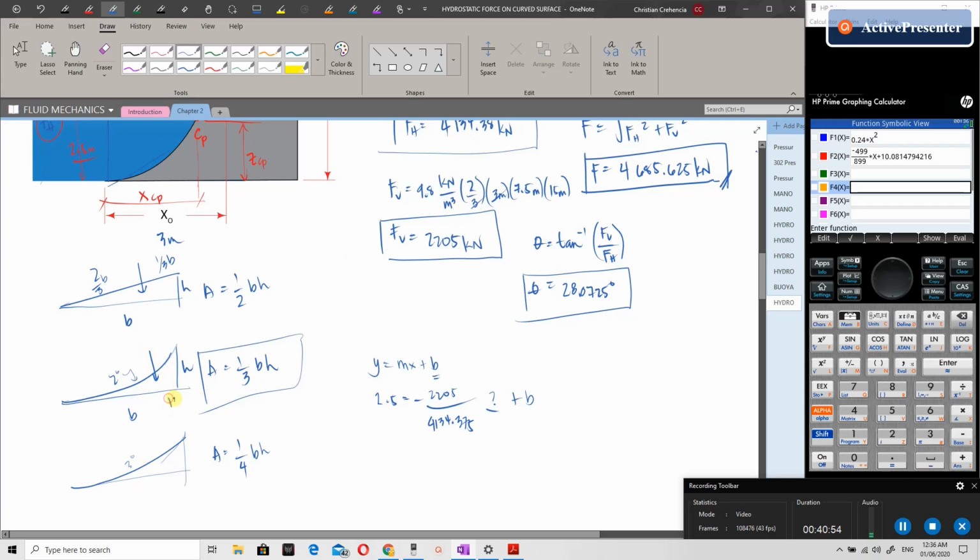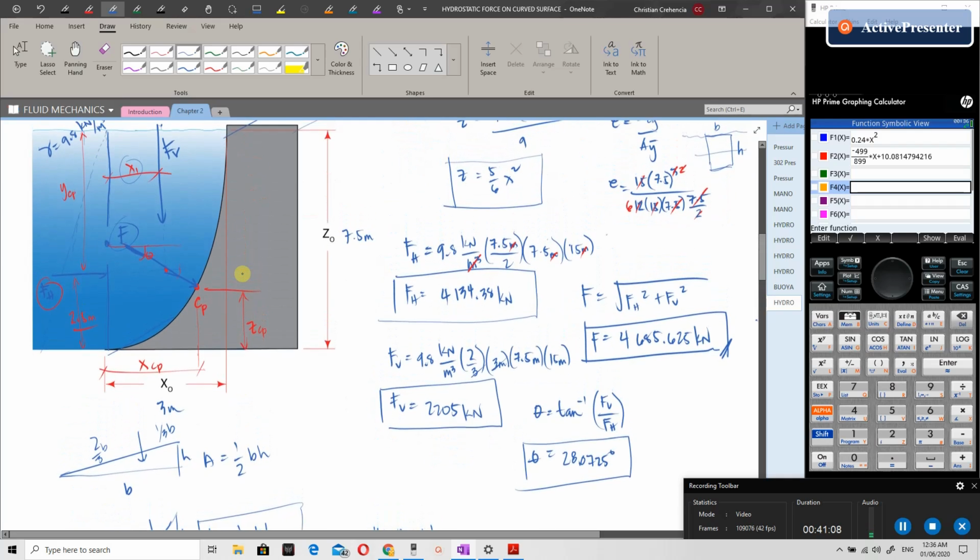So this is 1/4 ng B. So yung kabilang side natin is of course 3/4 ng B. Okay. So pwede nating i-derive yung location ng centroid nito, no?